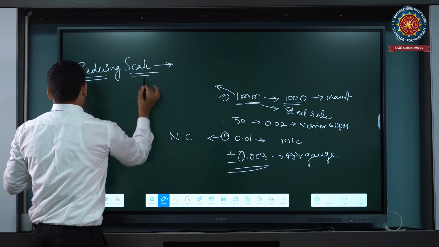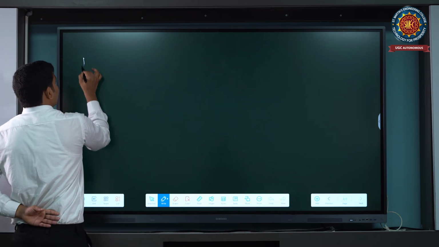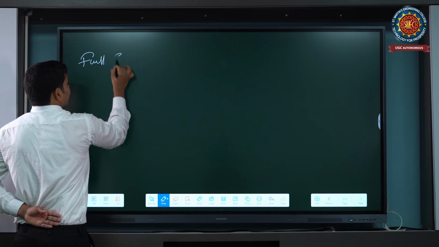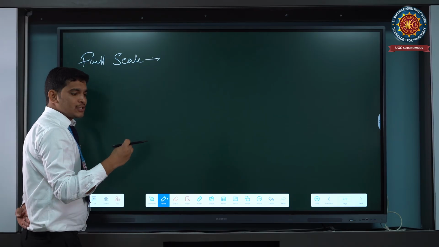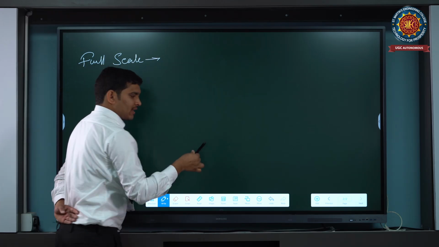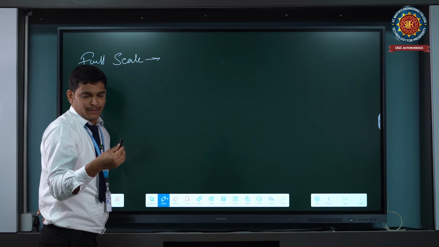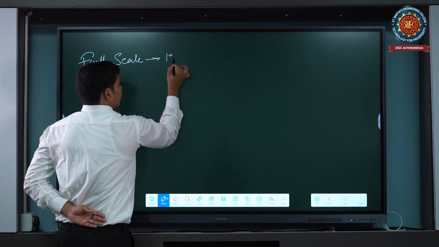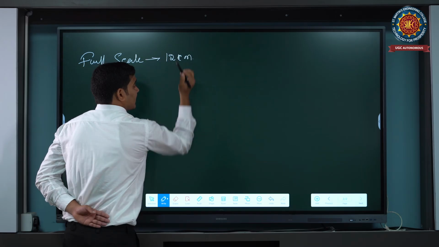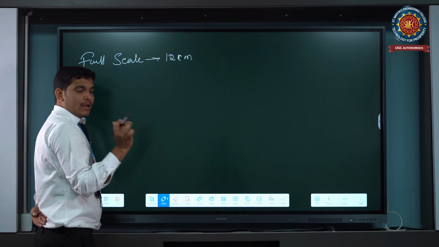This is called the reducing scale. And the next one is the full scale. The full scale is used to measure dimensions. For example, one pen is there, having 10 to 12 centimeters. These 12 centimeters can be directly drawn on the page.